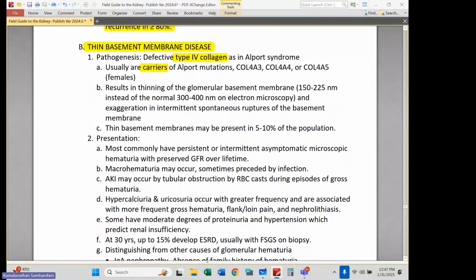What is the likelihood that that male child may have Alports? 50%. Yeah. Okay. So now we're getting blurry again. The mom has thin basement membrane, but the male child we're calling Alports. You see how messy it is? Okay. All right.